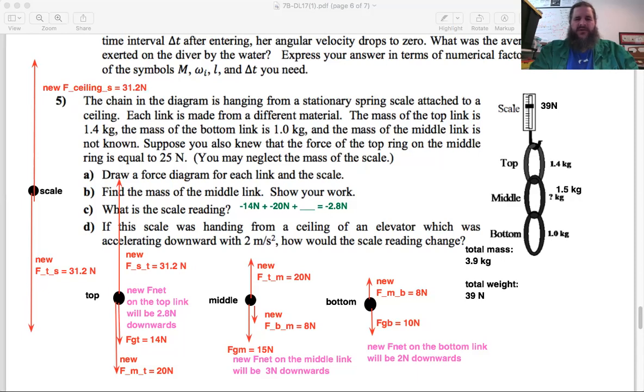So all these forces, except the force of gravity, are getting weaker as a result of this acceleration. And that means the scale is now going to display, instead of 39 newtons, 31.2 newtons. Does that mean that this chain has gotten lighter?